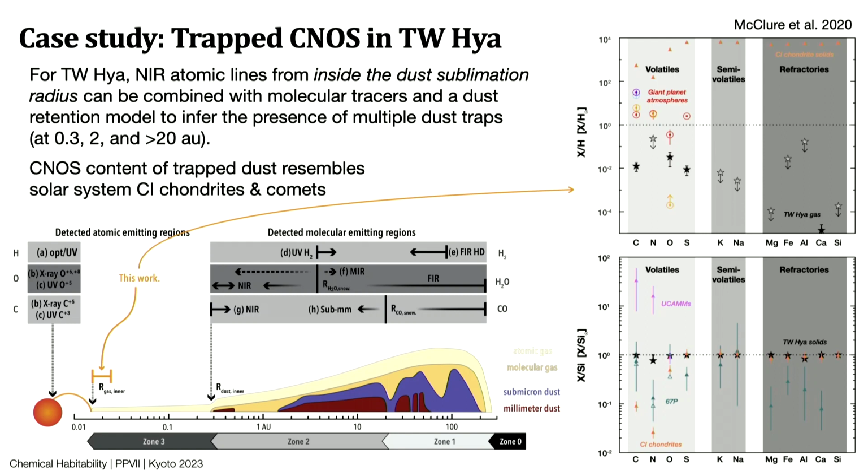So this is the stuff you're not seeing as returning in here, and you can use it to say something about the composition of the planetesimals. Potentially, it's very exciting. You find that they are a sort of mix of chondritic and cometary-like abundances.